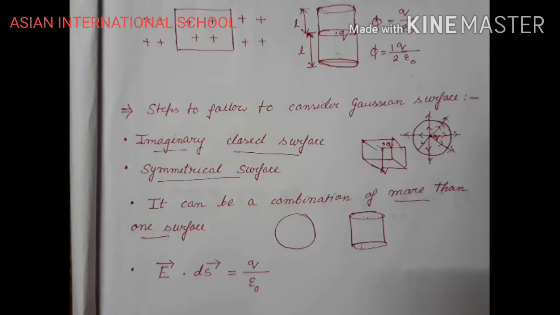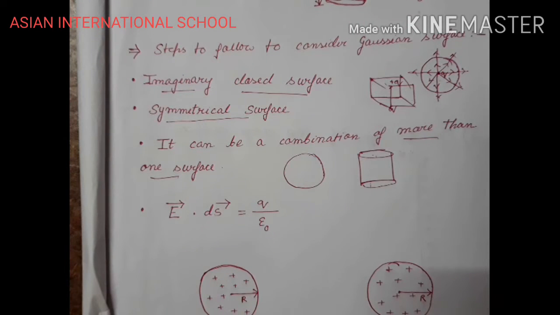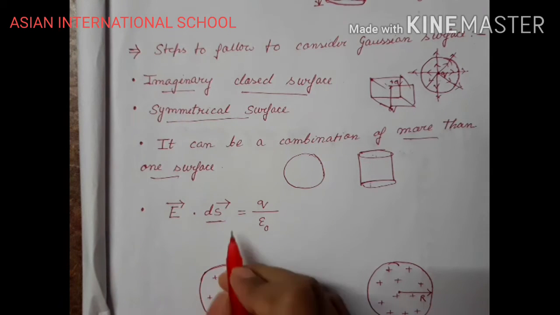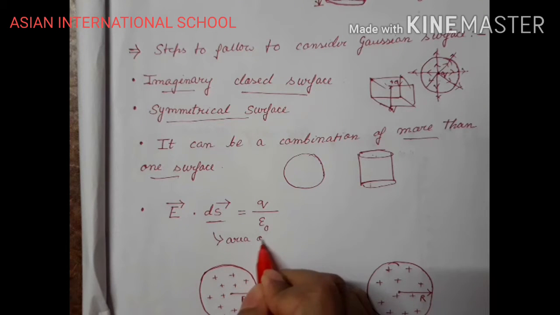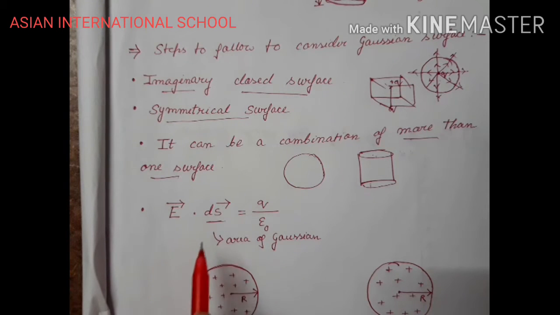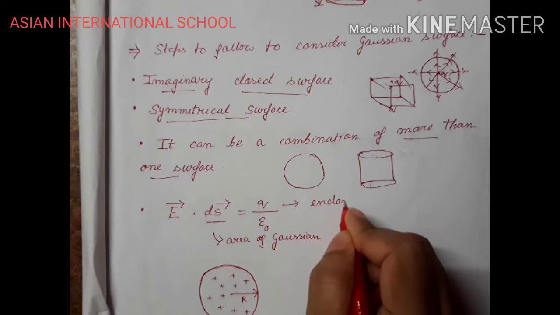Now something needs to be kept in mind while you apply Gauss theorem. This particular ds is the area of your chosen Gaussian surface. And this charge q is also the enclosed charge.